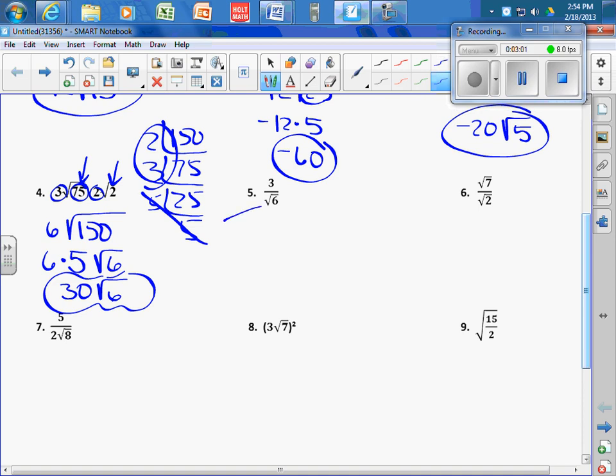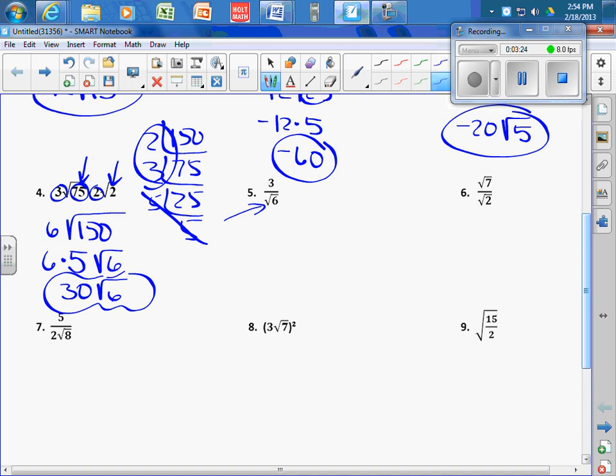When you have a radical in the denominator, you cannot leave your answer like this, because if you were to try to take the square root of 6 in your calculator, you would get a number that has many decimal places. It'll be 2 point whatever, and it'll just ramble on forever and ever.